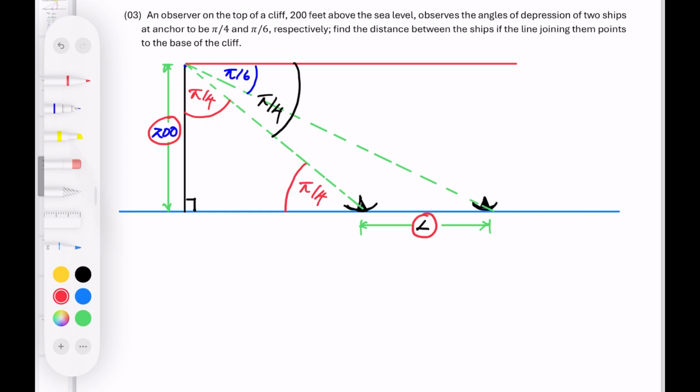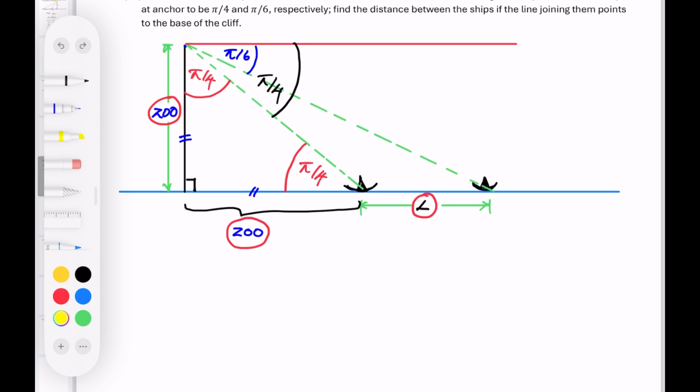Once again, you can see that this triangle right here becomes an isosceles right triangle. Being isosceles means that this side should be equal to this side in length.